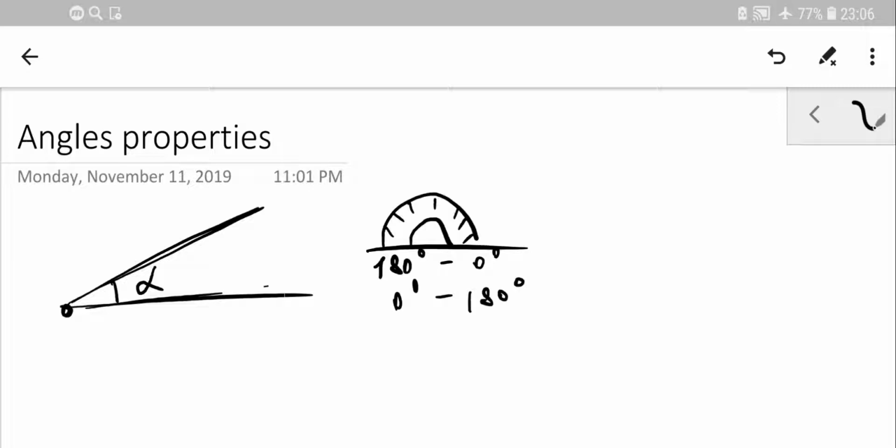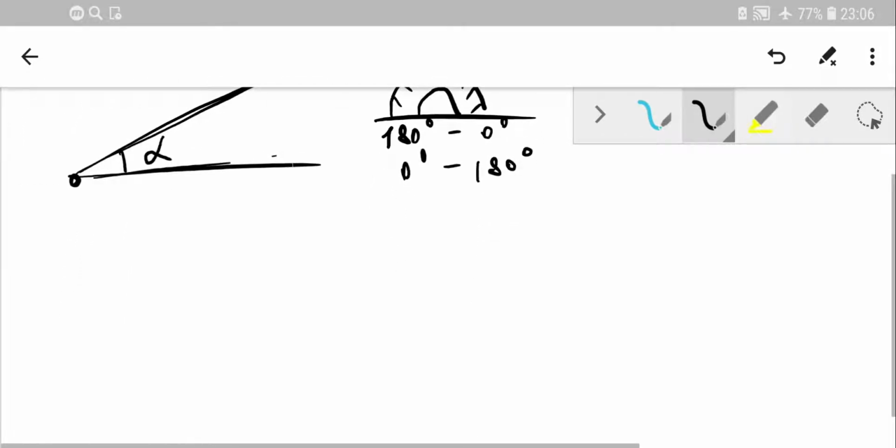As I said, there are a few tasks in GCSE about measurements, and probably you need to be able to calculate. So let's consider properties. That's a significant topic that you can apply to the whole of geometry and trigonometry, and almost everywhere you touch angles.